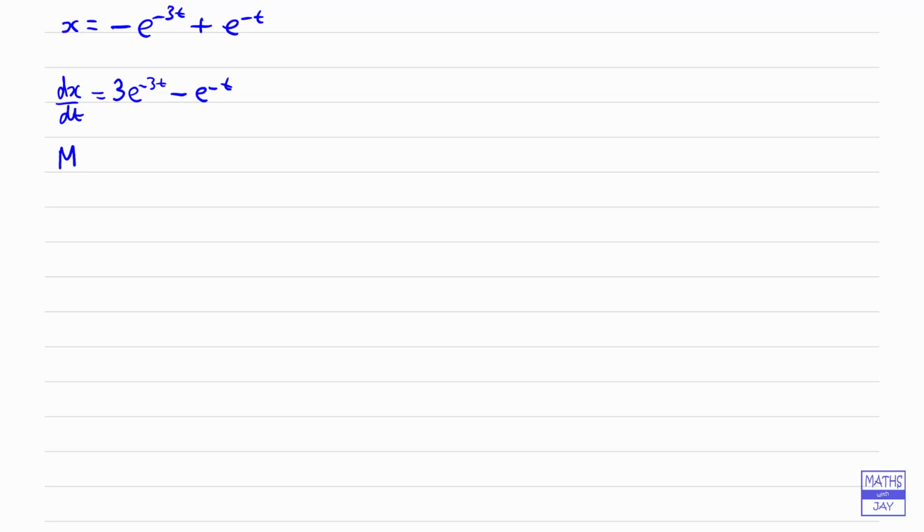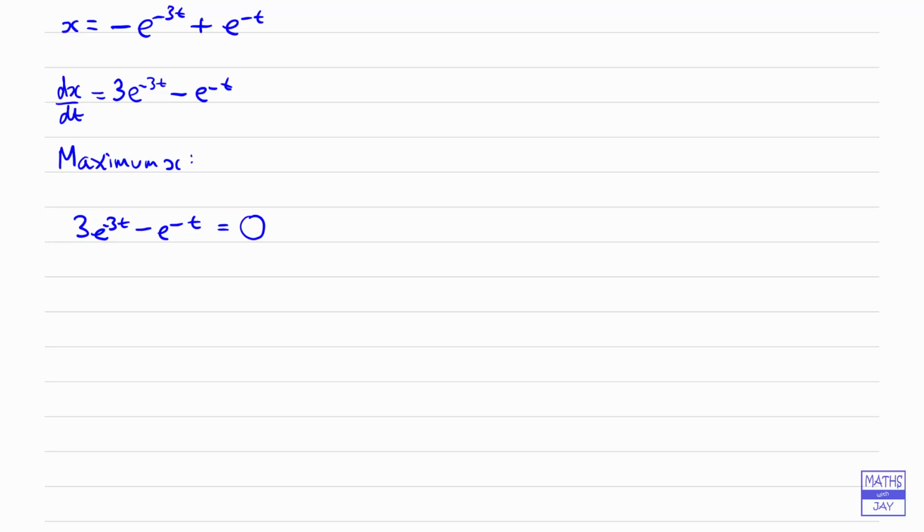And remember that we're looking for a maximum value of x, so our first derivative will be 0. So we've got 3e to the minus 3t minus e to the minus t is 0.